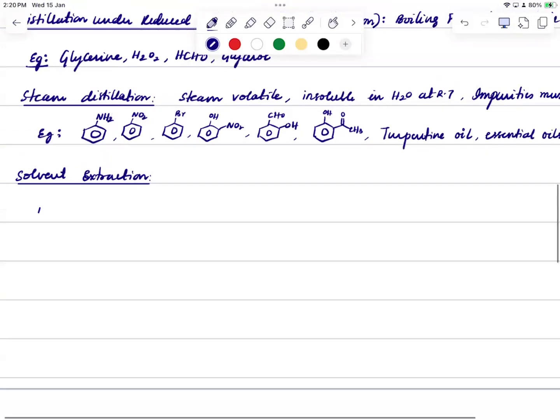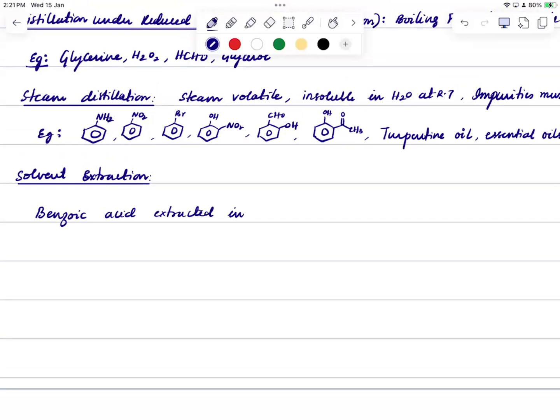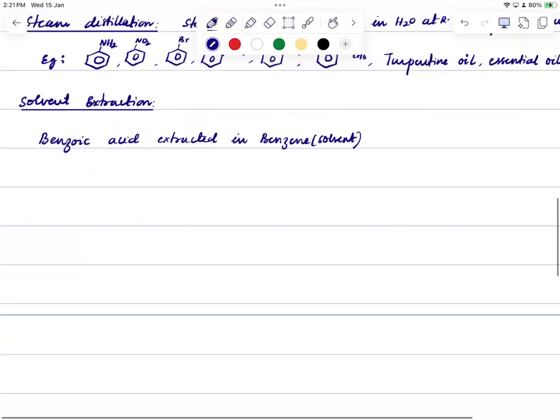So suppose you have benzoic acid, extracted in benzene as solvent. Yeah.